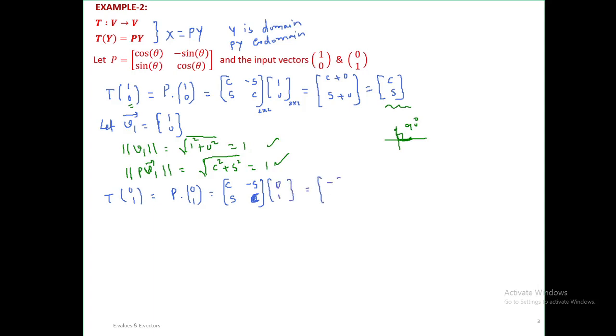Cos theta into 0 minus sin theta into 1 is minus sin theta, and sin theta into 0 plus cos theta into 1 is cos theta. Again the same story. Assume this is v2 bar, some (0, 1). Then proceed the same way. Such a transformation is said to be an orthogonal transformation. This is just for understanding only.